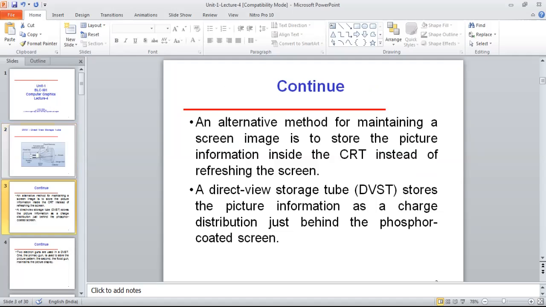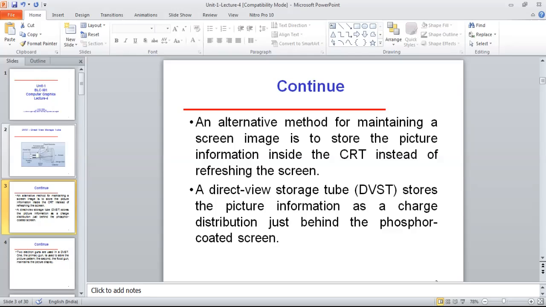So this is an alternative method for maintaining a screen image: to store the picture information inside the CRT instead of refreshing the screen. In this case, we are not going to refresh the screen again and again like the CRT, cathode ray tube.